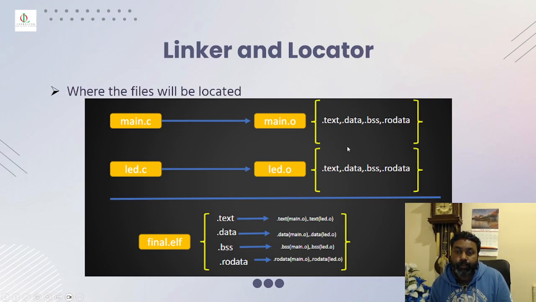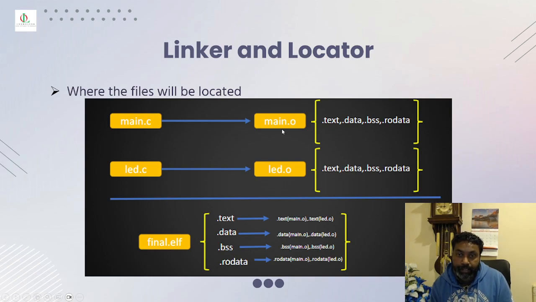And inside that object file, these are all the sections that come out: .text, .data, .bss, .rodata, in the main and also in the LED examples. So what is the purpose of the .elf? The final .elf collects and gathers all the sections of that particular name.